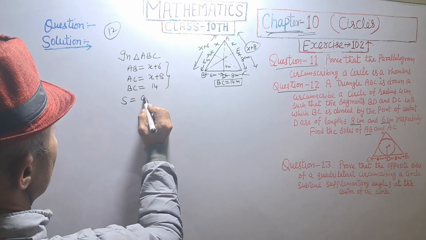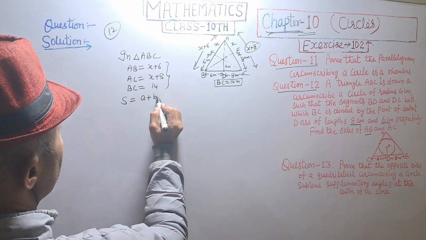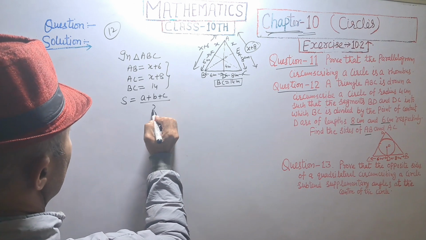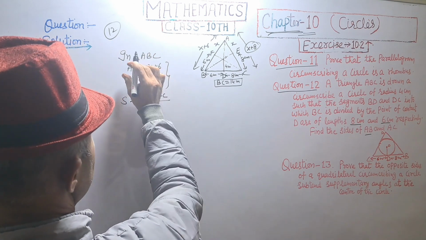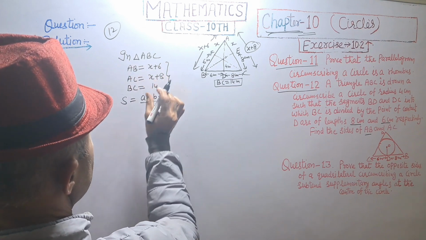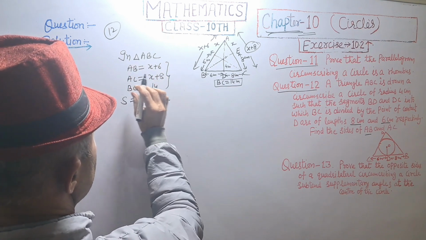S is equal to A plus B plus C upon 2, by Heron's formula, where A is AB, B is AC, and C is BC.